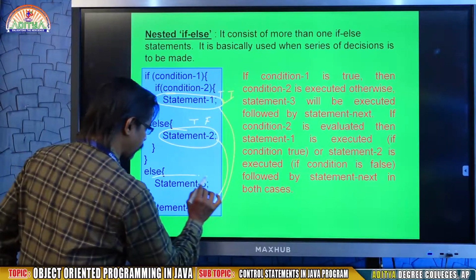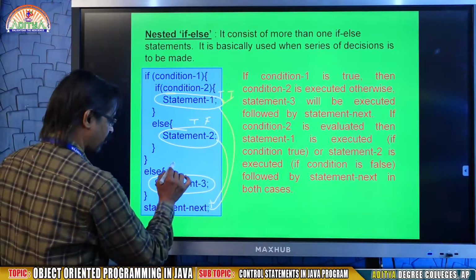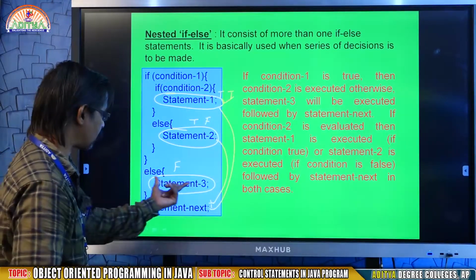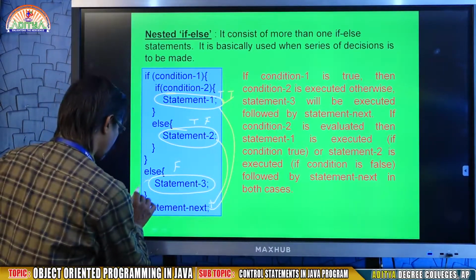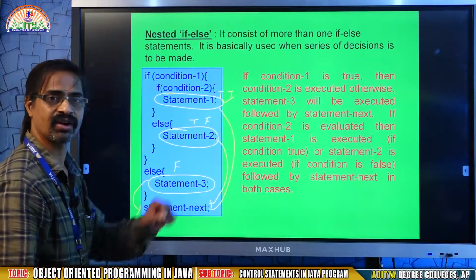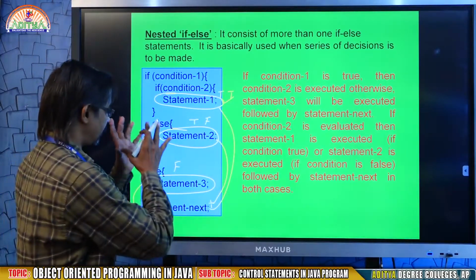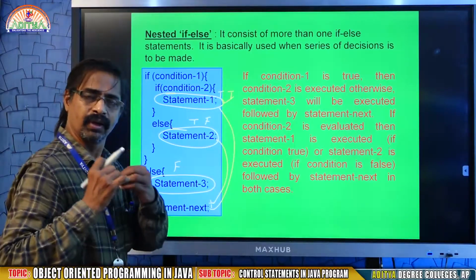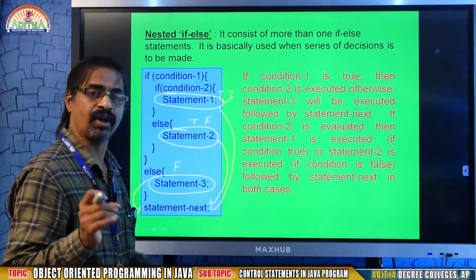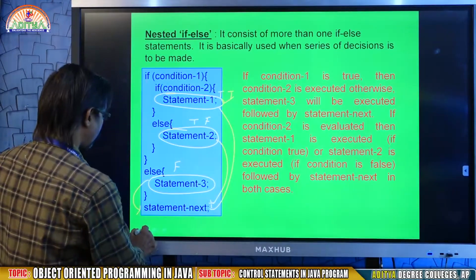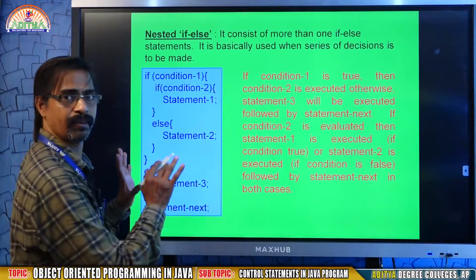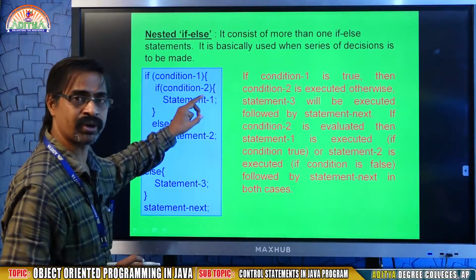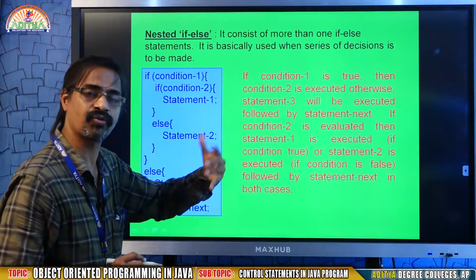I want to execute statement 3 when the first condition is false, then it will come to the else automatically. There is no other if condition, so it will go out. The decision of writing the conditions totally belongs to you, but you need to write them clearly so that the exact statement is executed according to true, false or false, true.